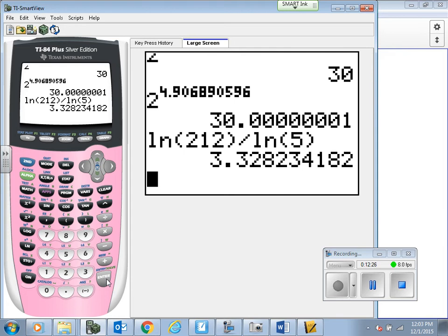All right, so did you use log base 10? When you did it in the calculator, did you just hit this log? Yeah, I just did log 212 divided by log 5. Yeah, so if you hit log of 212, that's really log base 10. When I use ln, that stands for log base e.